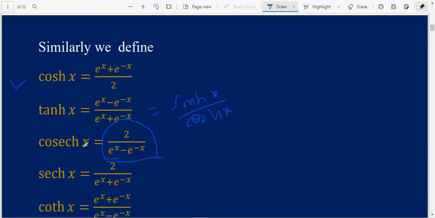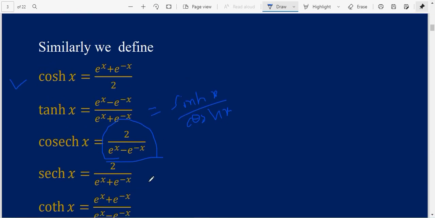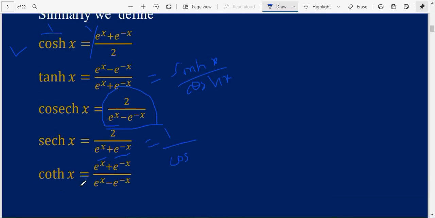Sec hyperbolic x is equal to 1 upon cos hyperbolic x, so it is 2 upon e raised to x plus e raised to minus x. Cot hyperbolic x is equal to 1 upon tan hyperbolic x, which is e raised to x plus e raised to minus x upon e raised to x minus e raised to minus x.